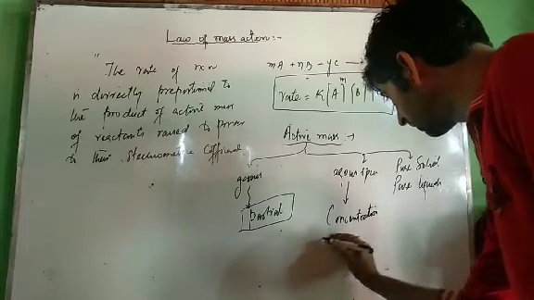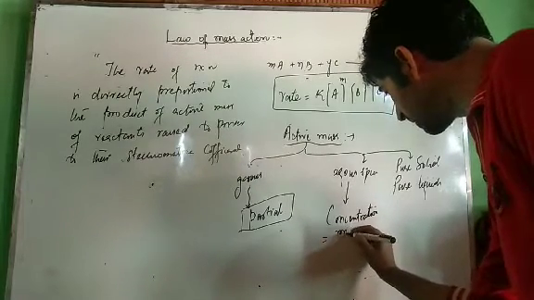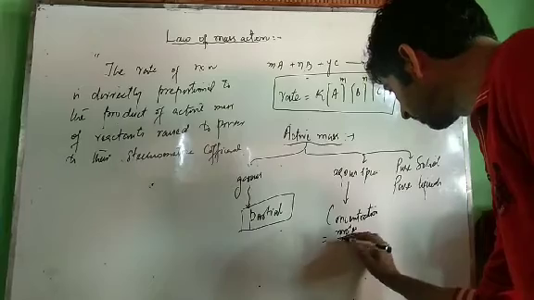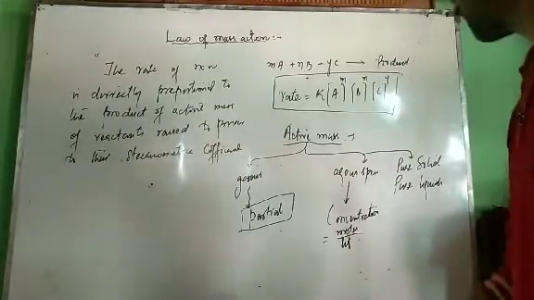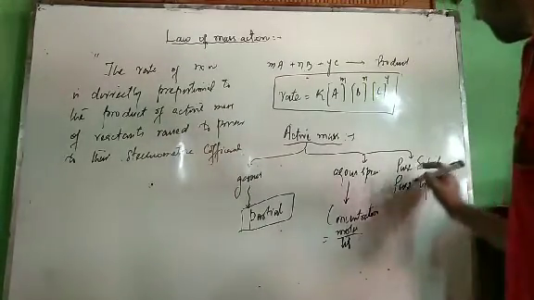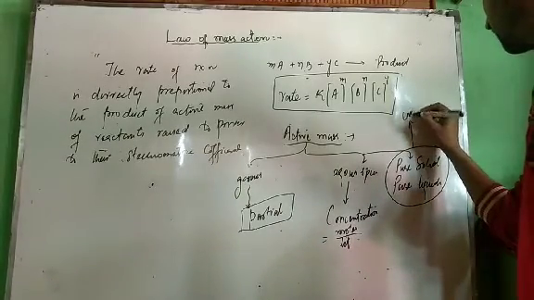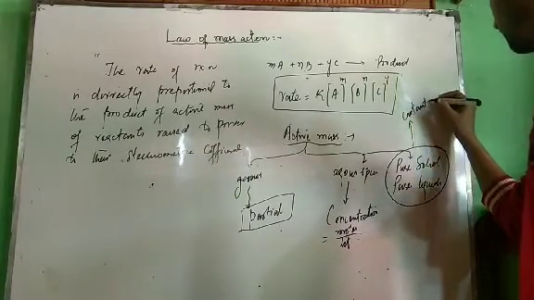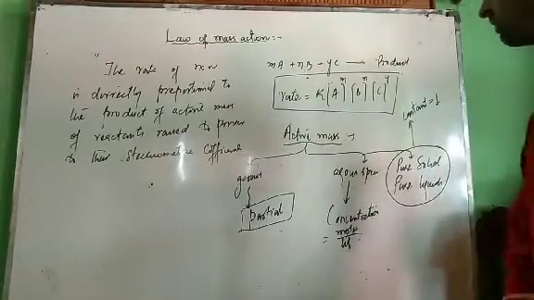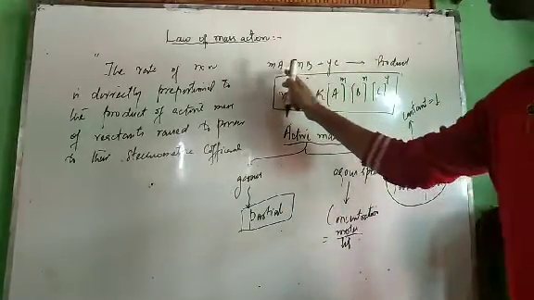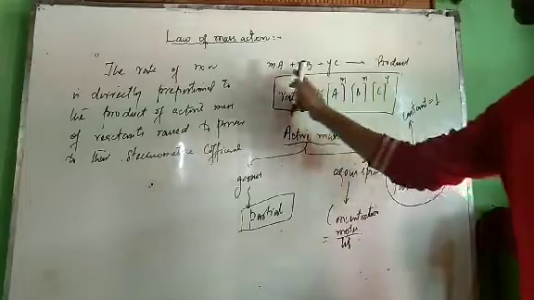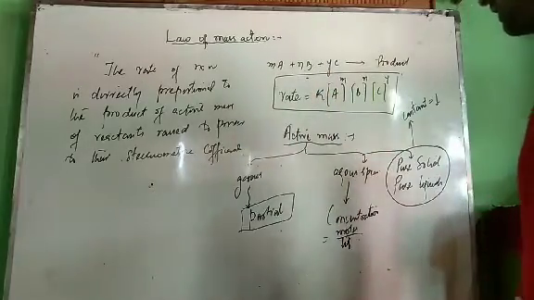Concentration is the number of moles per liter of solution, moles per liter. And for pure solid and pure liquid, active mass is taken to be constant. By constant I mean that it is taken to be equal to unity. If you see any solid or any liquid in the reaction, then its active mass is taken to be unity.